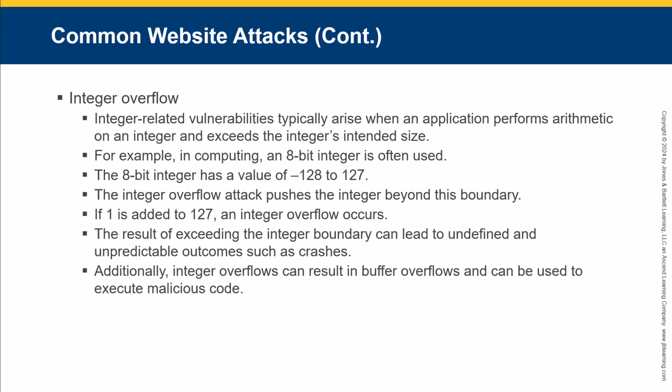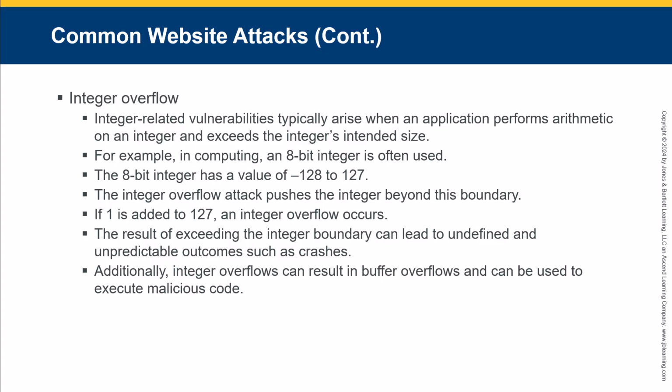Integer overflows. Basically, integer-related vulnerabilities typically arise when the app performs some type of math function. So, for example, computing an 8-bit integer is often used. An 8-bit integer has a value between -128 and +127.